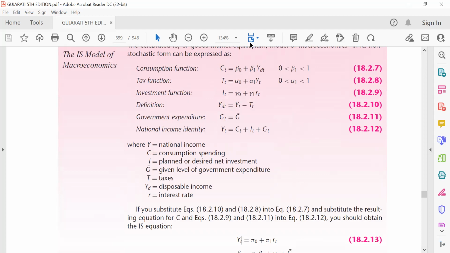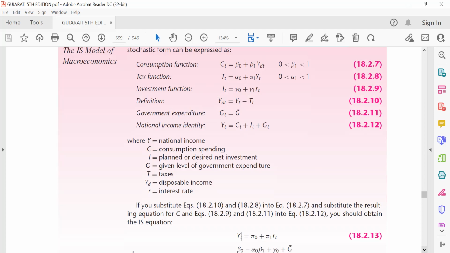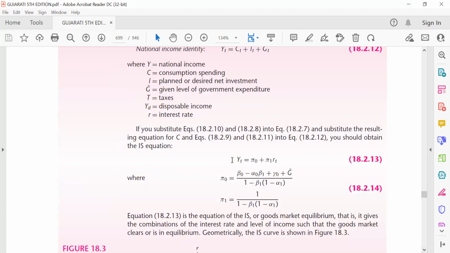Okay, we call the original set a structural equation model. We have the reduced form here, so we have pi 0 equal to this one and pi 1 equal to this one.